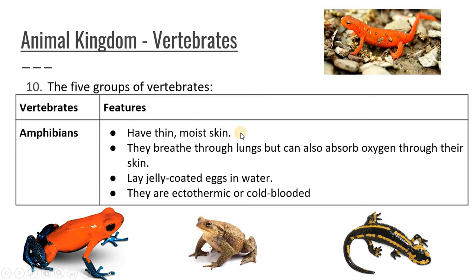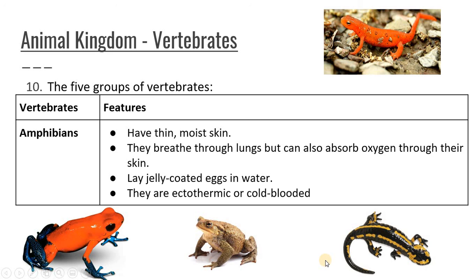The fourth group of vertebrates are called amphibians. Amphibians have thin and moist skin. They breathe through the lungs, but at the same time, they can also absorb oxygen through their moist skin.